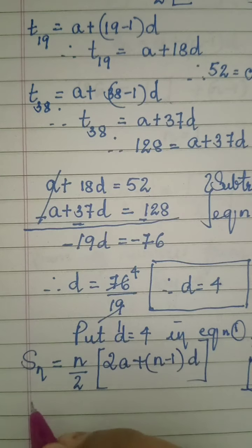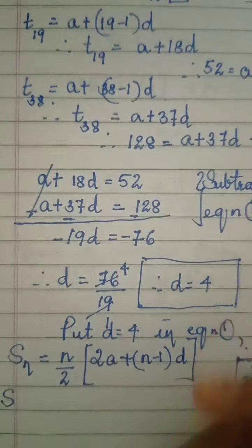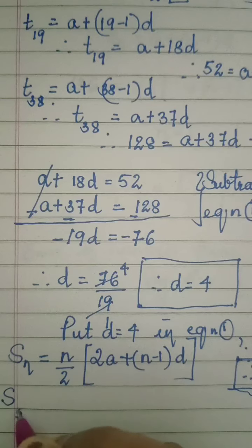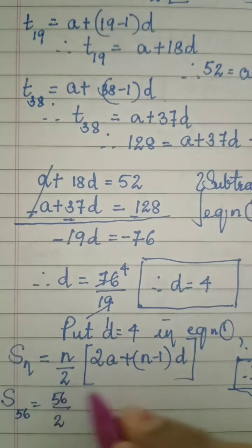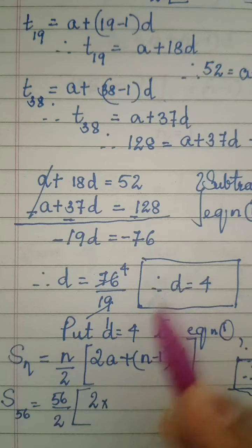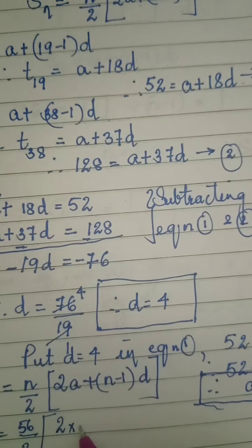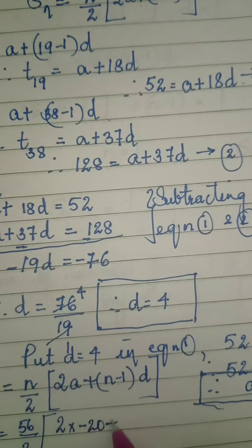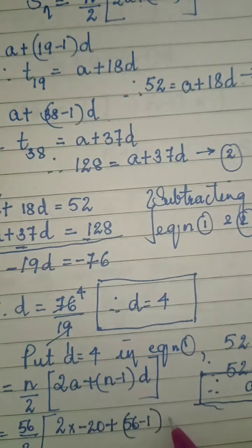Fine. So sum of the first 56 terms. n is 56. S 56 is equal to 56 upon 2 multiplied by 2 into A, we got minus 20, so 2 into minus 20, plus n is 56 minus 1 into D. D we got 4.